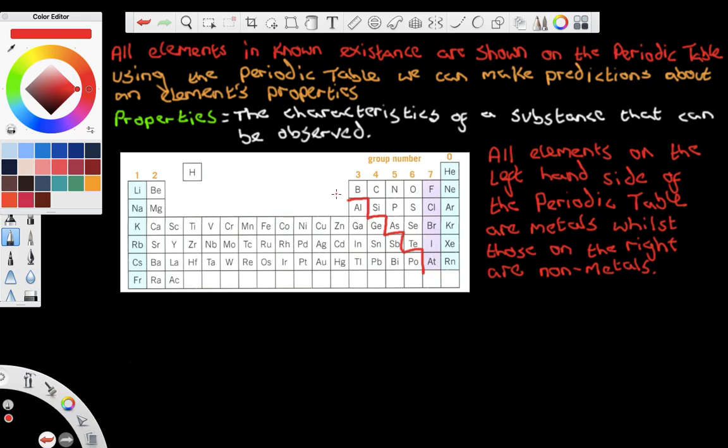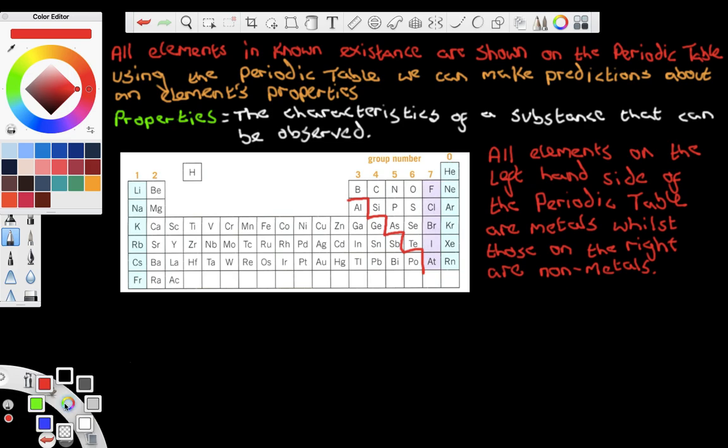They are usually solid at room temperature, so they have a high melting and boiling point. They are very, very dense. They conduct electricity. They are sonorous. They are ductile. They are malleable. Whereas non-metals are brittle. They are not very dense. They do not conduct electricity or heat very well.